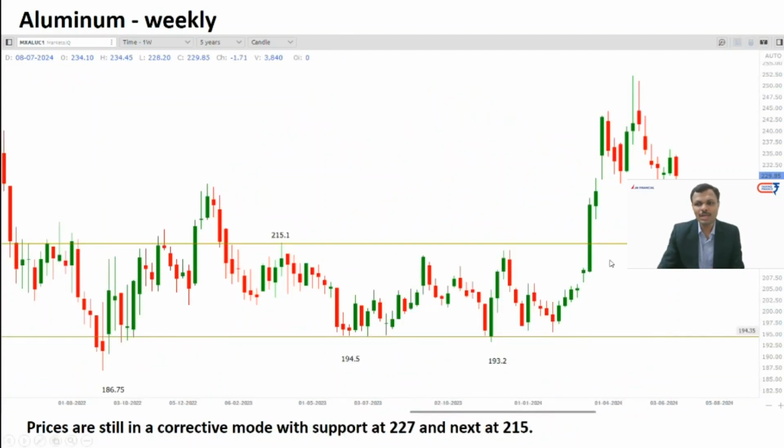So this is what the aluminium long-term chart indicates: a sideways consolidation, a breakout, a rally, and then it has gone into a corrective mode. Last 4 weeks, it is just consolidating, going nowhere, trading between 226 on the downside to 235 on the higher side.